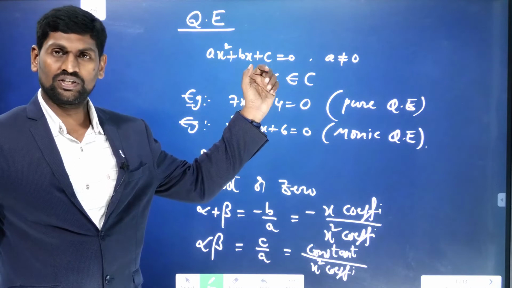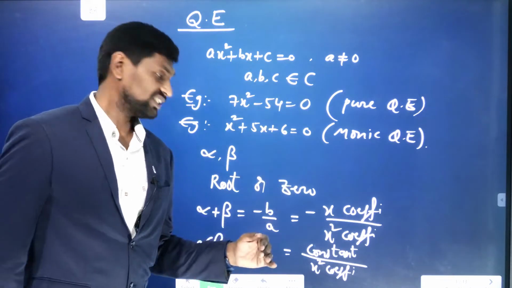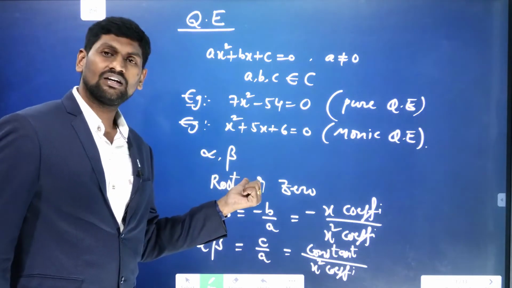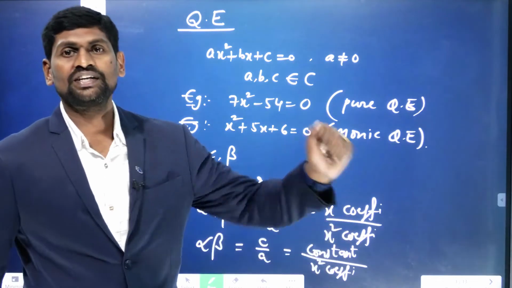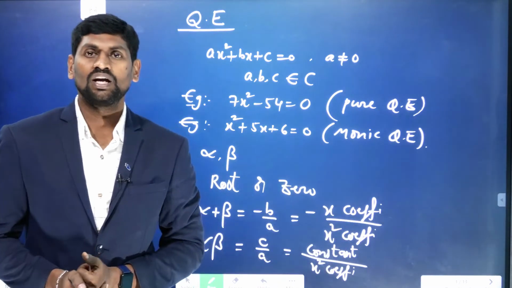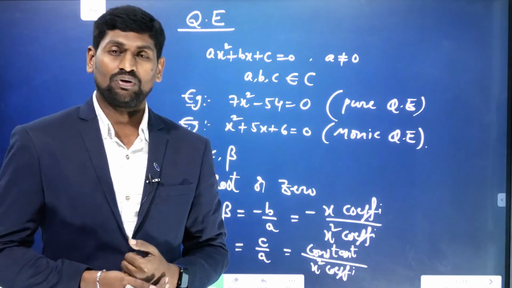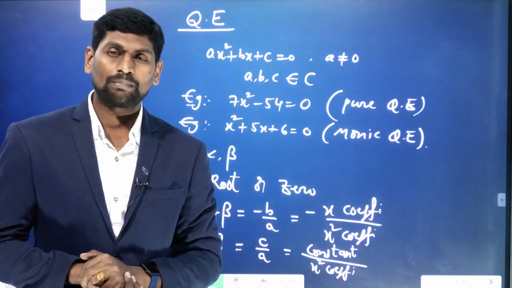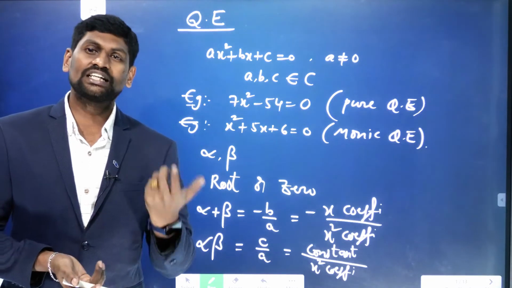What is a quadratic equation? Pure quadratic, monic quadratic. What are zeros or roots? Then if you take two roots, alpha beta, minus b by a is the sum of roots, c by a is the product of roots. And every quadratic equation has at most, that means a maximum of 2 roots, because of its degree.